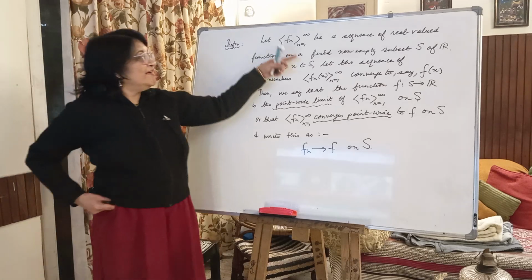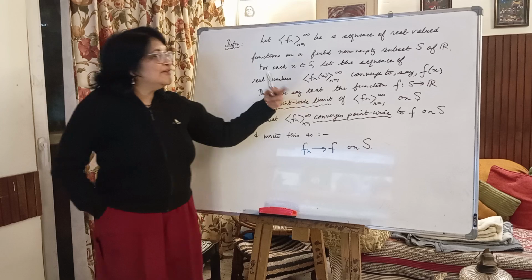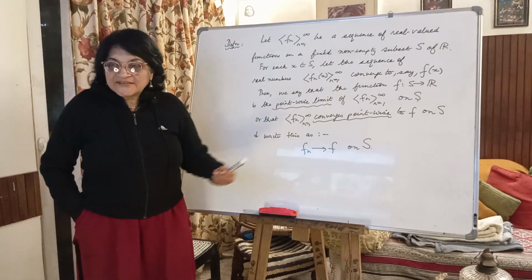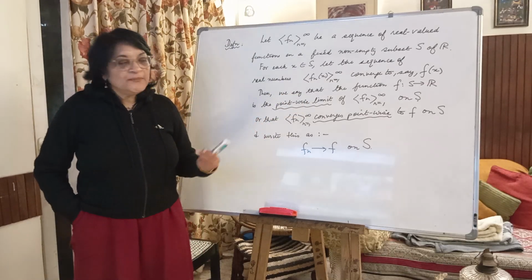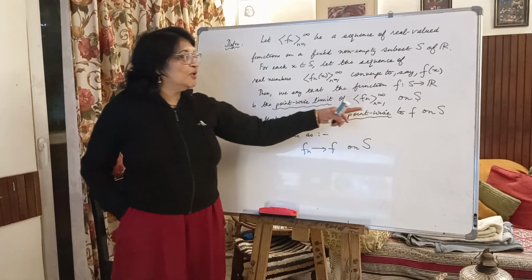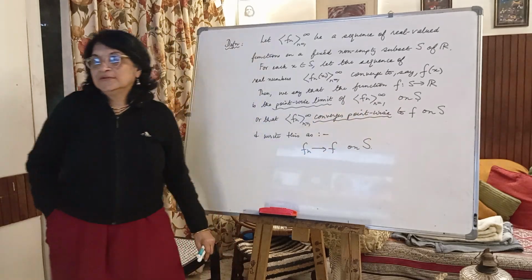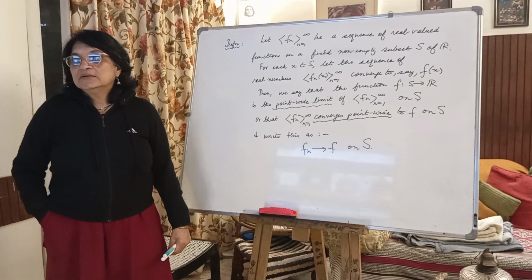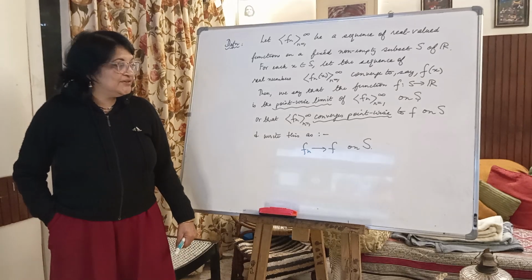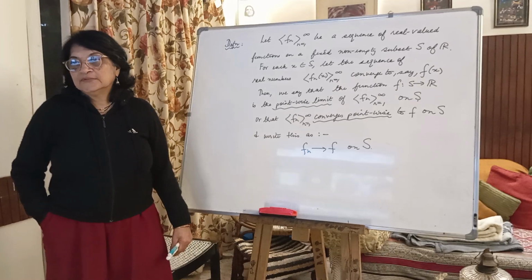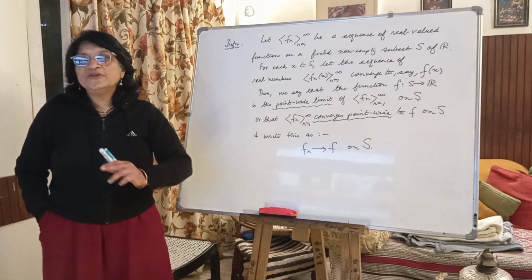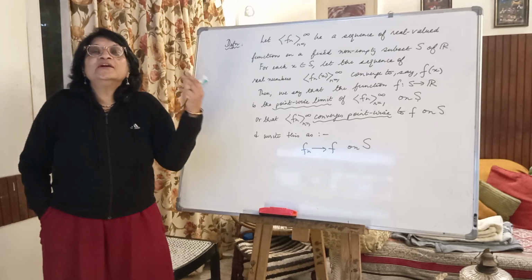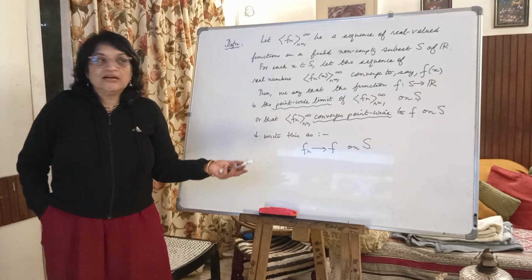Suppose you find that fn(x) doesn't converge for every single x in S, but for some subset of it, say S1, then we will say that Fn converges pointwise to F on S1. Whatever the region of convergence is, that will be the set on which it converges pointwise. So this is just a straightforward definition. It depends only on the meaning of convergence of a sequence of ordinary real numbers, as we have done earlier.